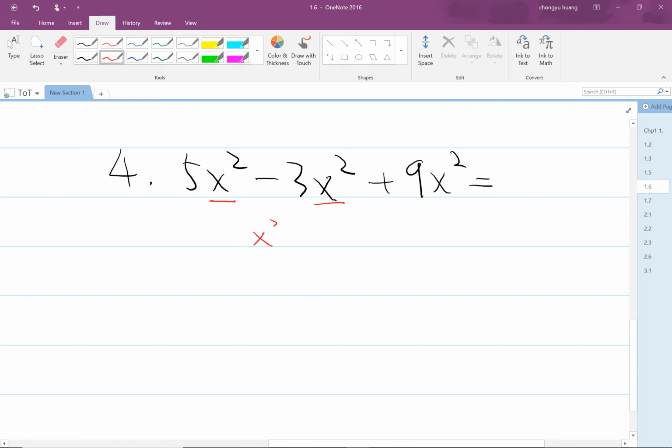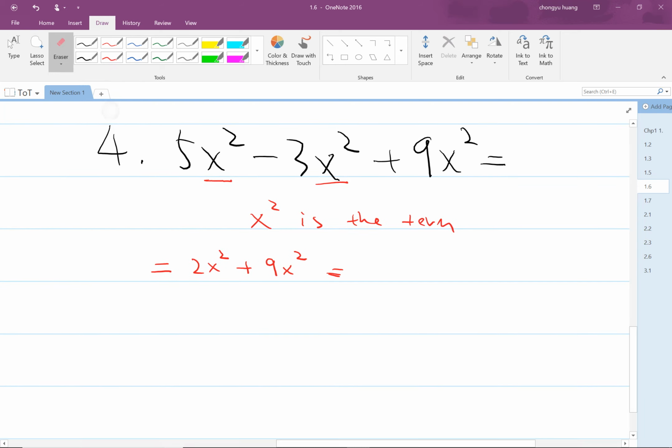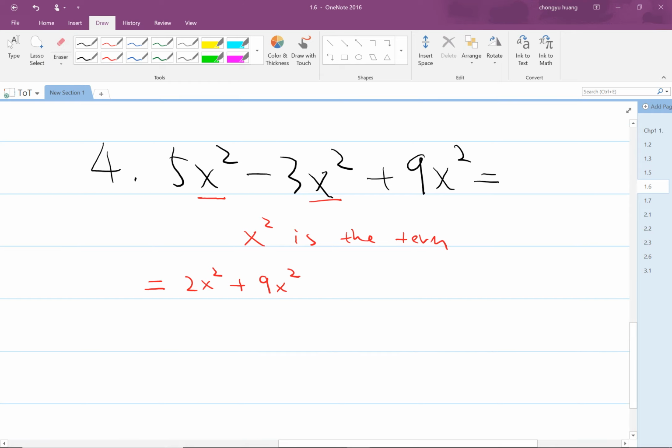Over here you have 5x squared minus 3x squared, which is 2x squared. Then you need to add 9x squared. So what you have is 2x squared plus 9x squared, and 2 plus 9 is 11. So the final solution will be 11x squared.